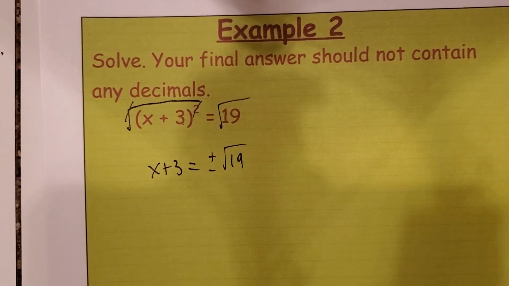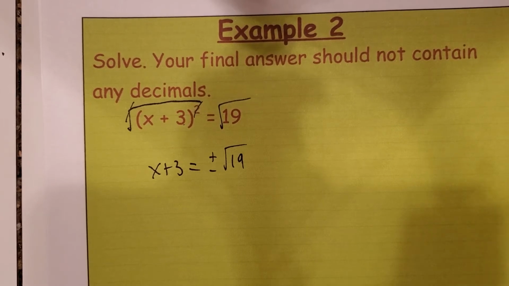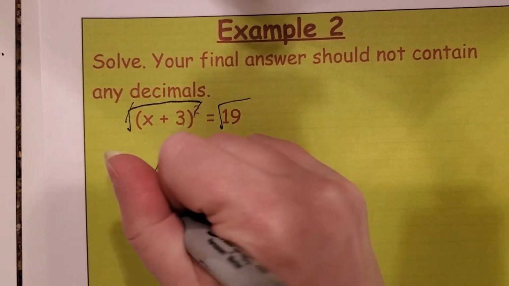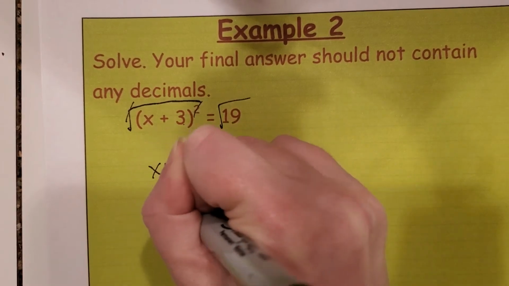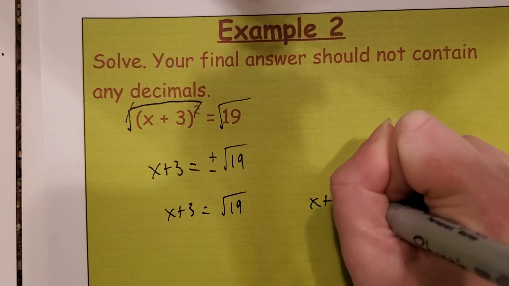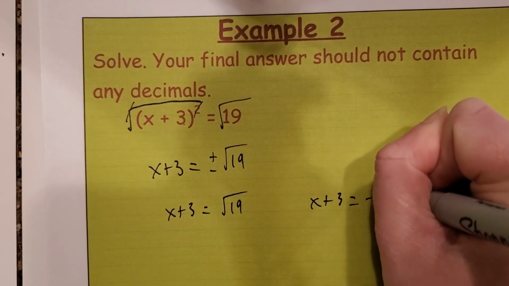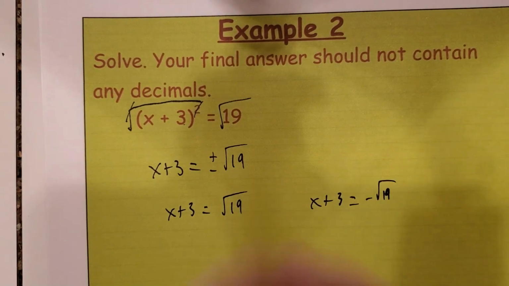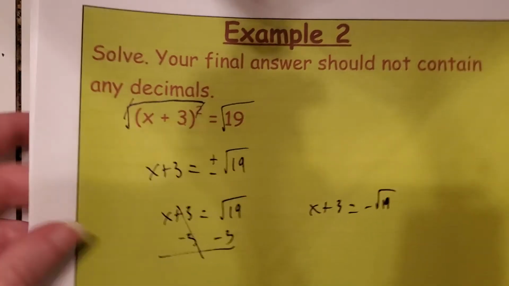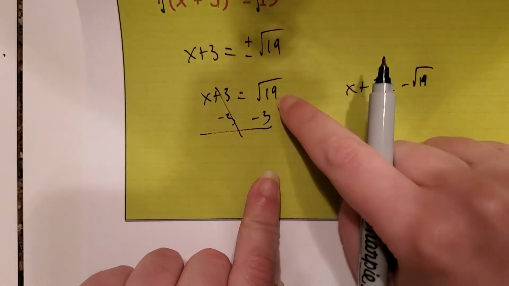So when you subtract 3 from both sides, is it possible to do 19 minus 3 is 16? No, you're not allowed to do that. If I split this up into positive square root of 19 and negative square root of 19, when you subtract 3 from both sides, you can't do this.